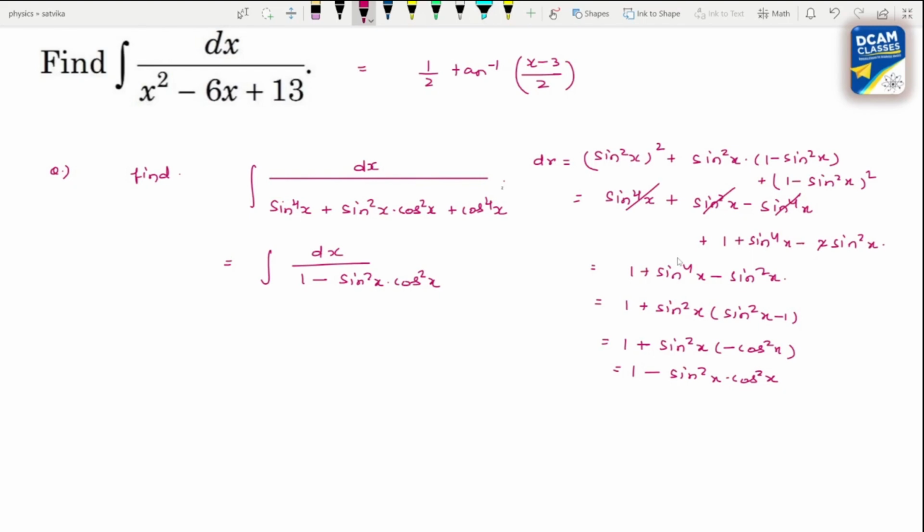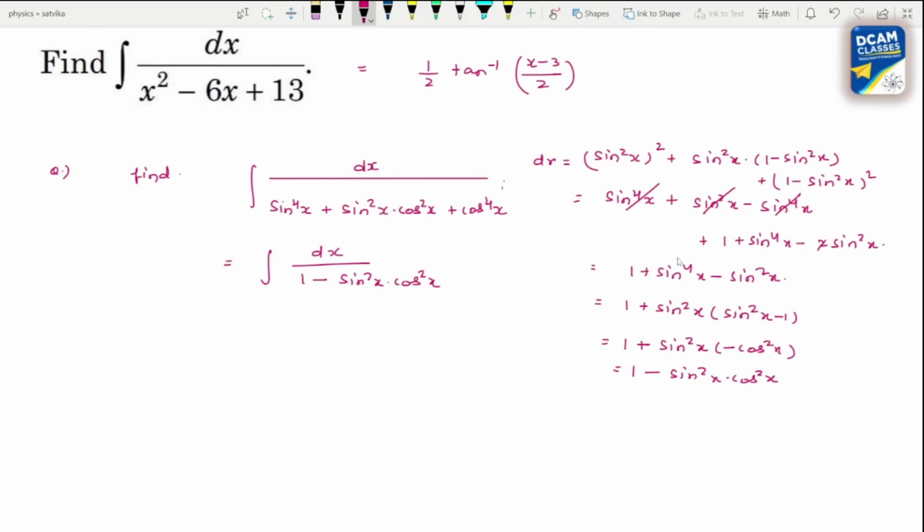That's what you have to think. Think and then tell me what you will substitute so that this integral becomes easy. 1 minus sine square x, in place of cos square x, we can take cos square, or we can take 1 minus sine square x is equal to t.